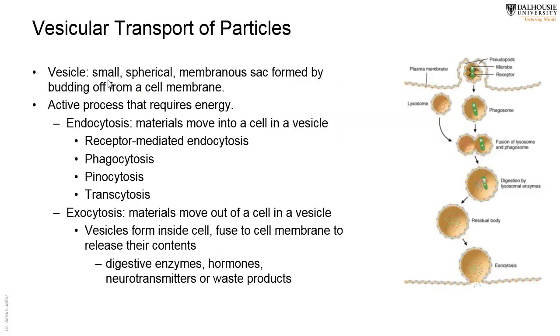The other type of transport is the vesicular transport, which is either endocytosis or exocytosis. And the vesicle is a small spherical membranous sac. It buds from the cell membrane. Remember, I mentioned that the cell membrane is so flexible, it allows the formation of these sacs or vesicles, and also allows these sacs or vesicles to fuse with the cell membrane without disturbing the structure of the cell membrane.